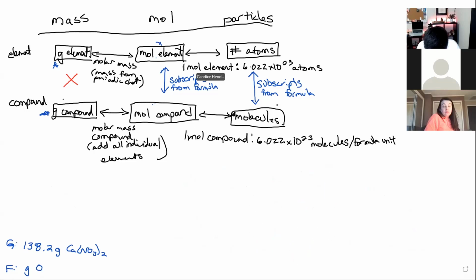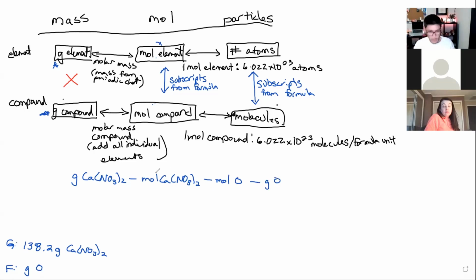So my flow chart for this is going to be grams of CaNO3 2 into moles of CaNO3 2 into moles of what we're trying to find, which is oxygen, into grams of oxygen.